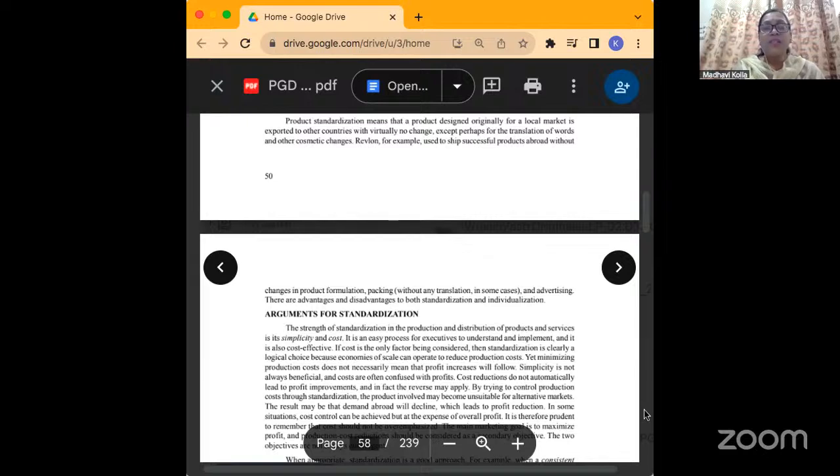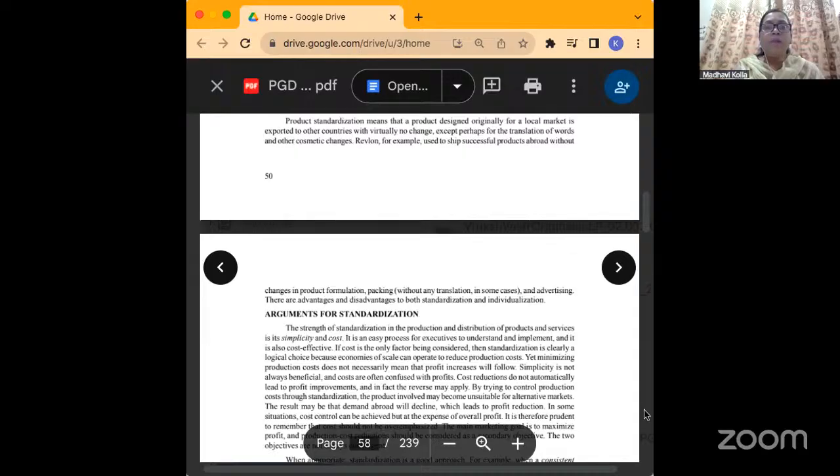Now, the question that may come to your mind is, earlier we were talking in terms of customizing a product to the local market, that is the host country, and differentiating it across multiple countries. And at the same time, now we are talking in terms of product standardization, a query that may easily arise.